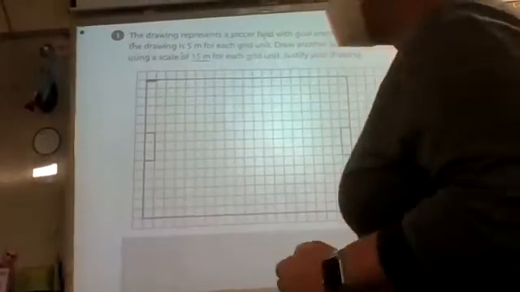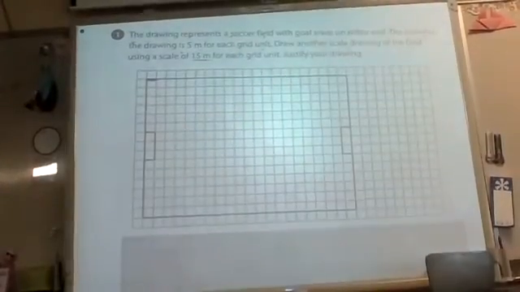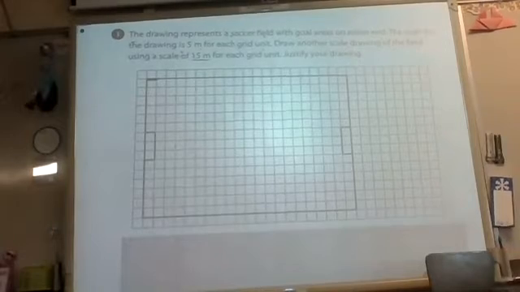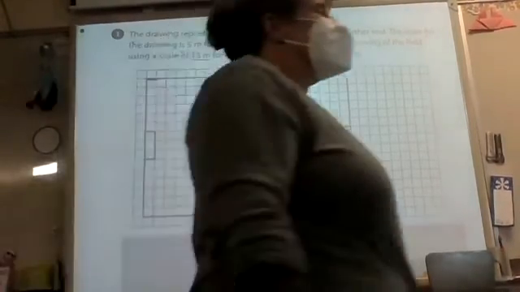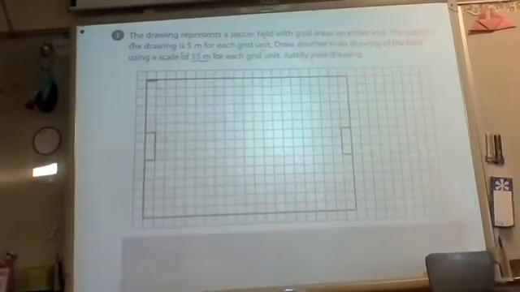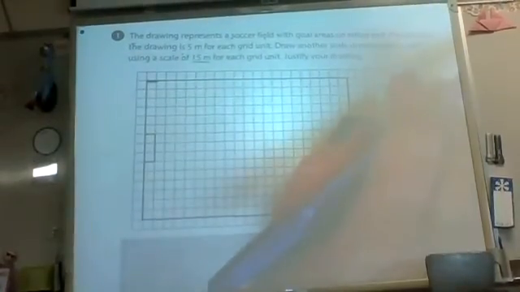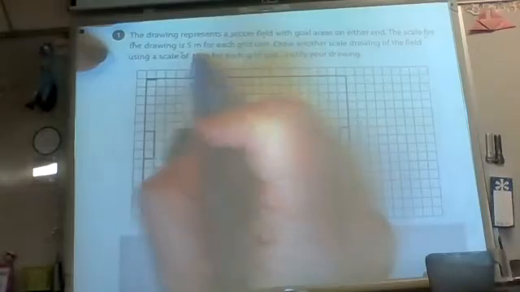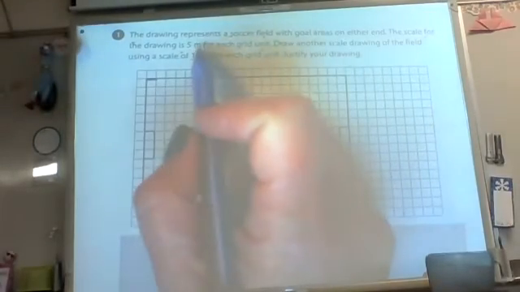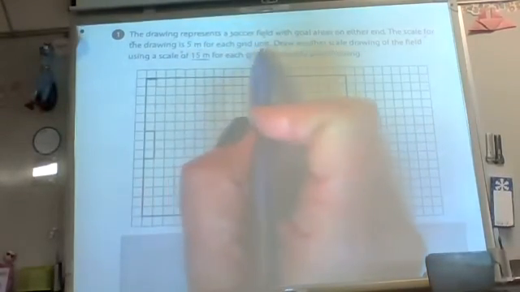All right, so looking at our answers. We have a couple of the same ones. The first thing is this. The scale for the drawing to the actual thing is 5 meters for every unit grid, right?